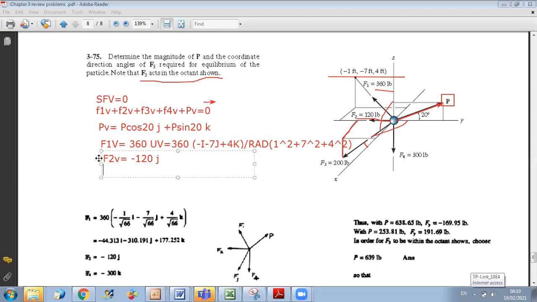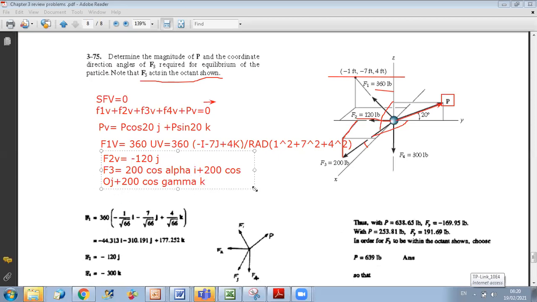And finally, for F3, what I can write is that F3 is equal to 200 cosine alpha along i, plus 200 cosine theta along j, plus 200 cosine gamma along k.